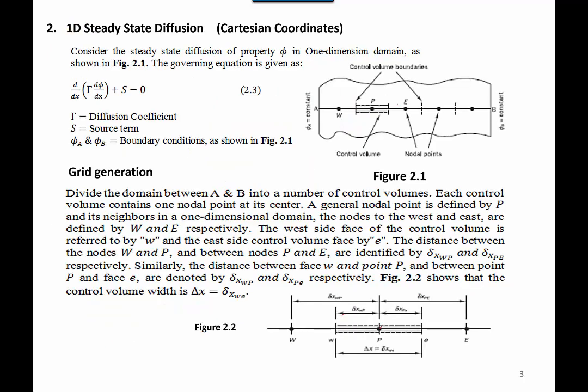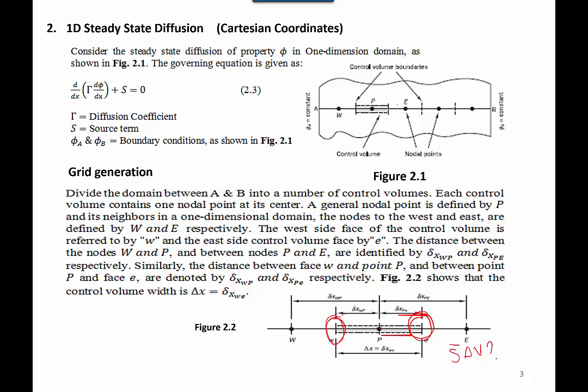So when we take a close look at figure 2.2, we have to know exactly the value of gamma at the west side and gamma at the east side, and also the gradient of phi at this point and the gradient of phi at the west interface, and also the value of S bar multiplied by delta v.